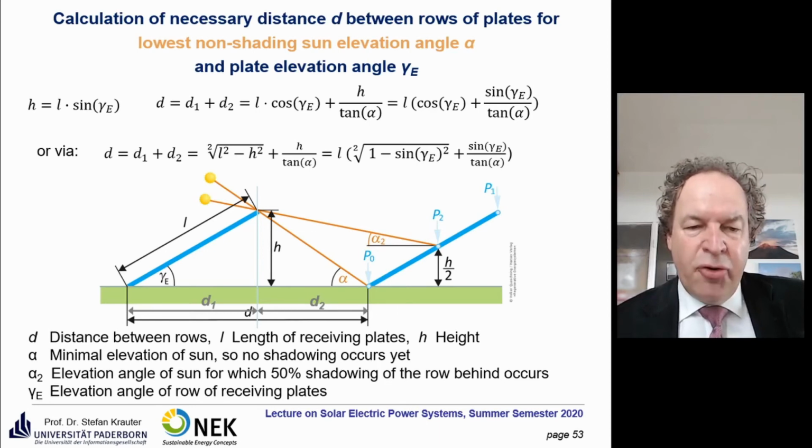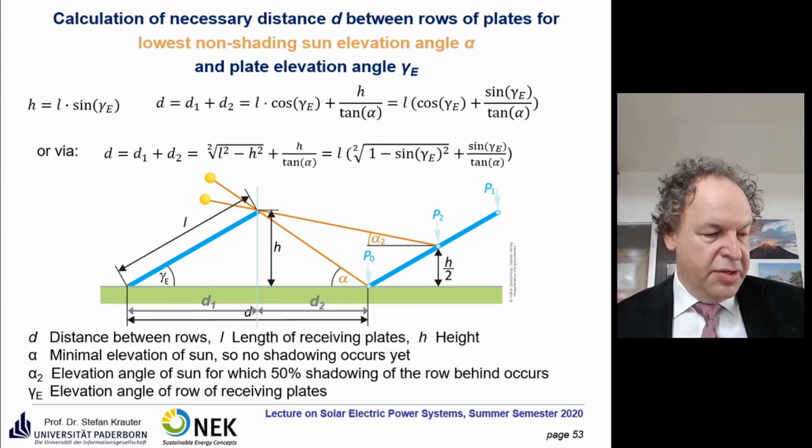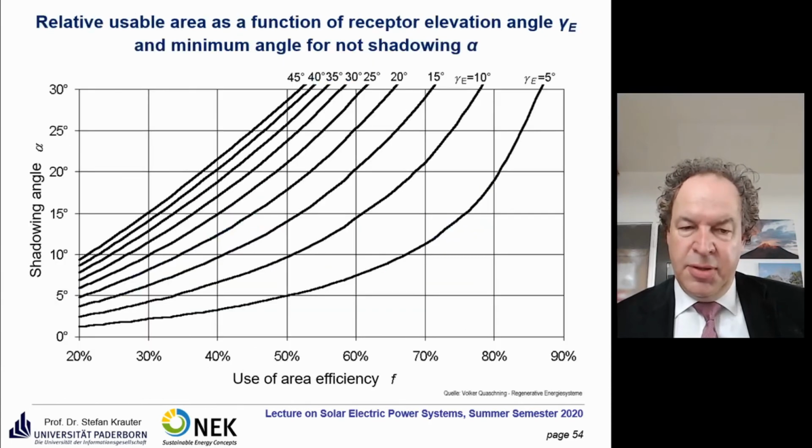And the same for D2 as above, H divided by tangent alpha. And so we come to that formula. So this cosine gamma E is equivalent to the square root of 1 minus sine gamma E squared. You find this formula also in some formulas.